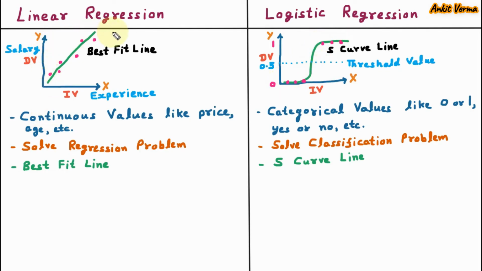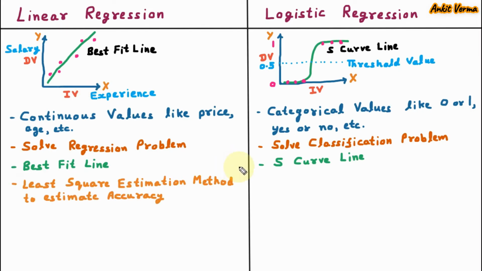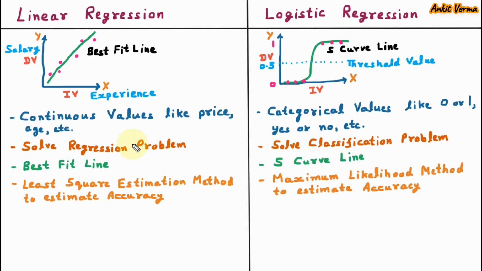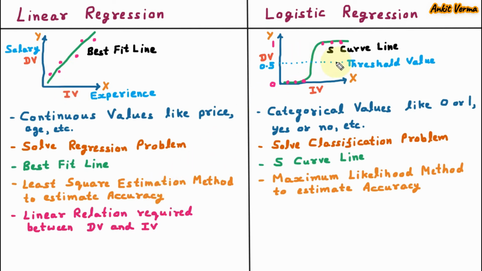In linear regression, we use the least square estimation method to find accuracy. But in logistic regression, we use the maximum likelihood estimation method to estimate accuracy. Next, in linear regression, a linear relation is required between the dependent variable and the independent variable. But in logistic regression, a linear relation is not required between the dependent variable and the independent variable.